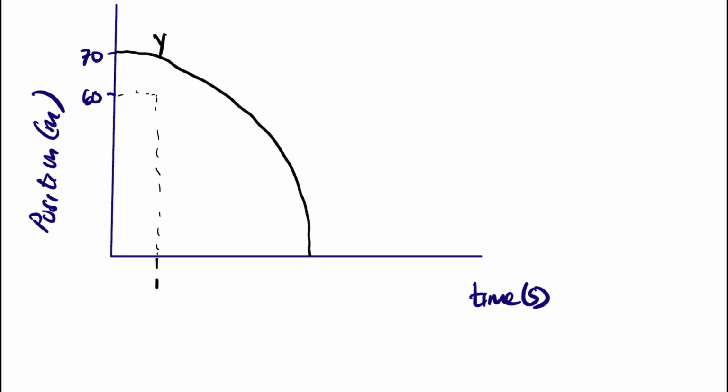Remember, ball x reached the ground later, which means this time has to be longer than the time that ball y got to the ground. So it's going to be something like that. I'm not good at drawing, so it's going to be something like that, right? That's not a nice curve. So this is ball x and this is ball y, right?